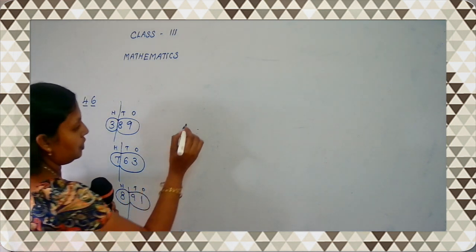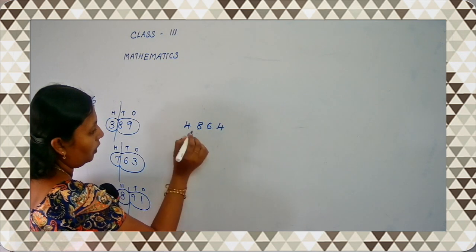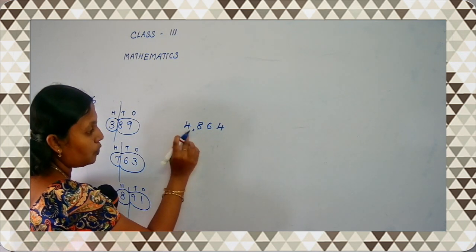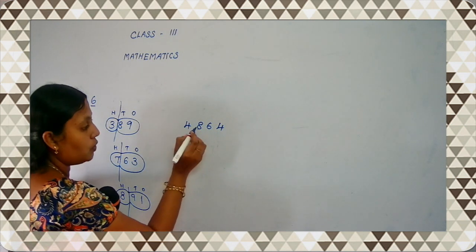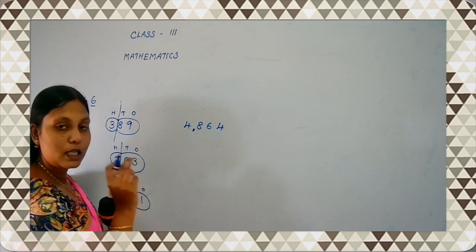Then see the 4-digit number. In a 4-digit number we put a comma to separate thousands from hundreds. Compulsorily, after the thousands place we put one small comma.